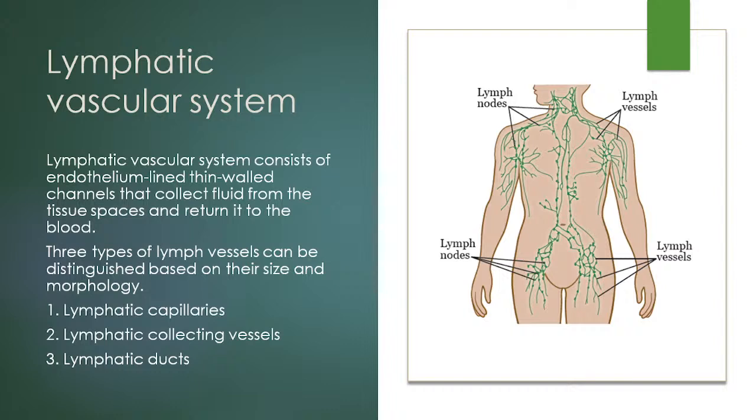Lymphatic vessels form valves. The lymph is moved by the compression of the lymph vessels by surrounding tissues.